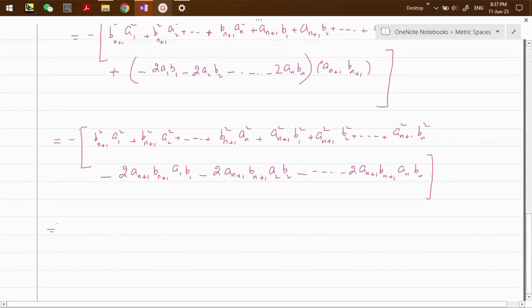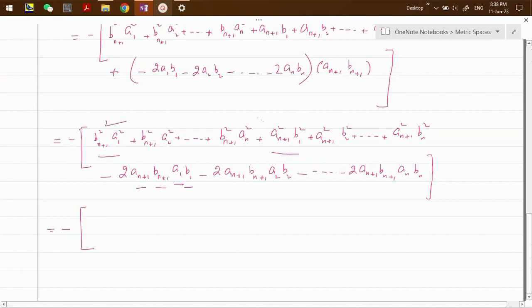So we have eventually minus into, as you can see here, b(n+1) and a1, and here a(n+1) into b1, and here b(n+1) into a1 and a(n+1) into b1.